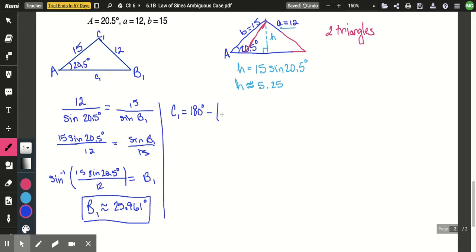So I've got 180 degrees minus the sum of the two angles that I do know. There we go. Oh, and one of those is approximated, so this really should say approximately equal to.